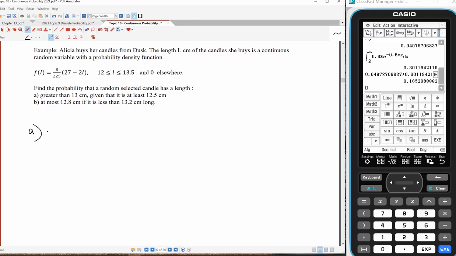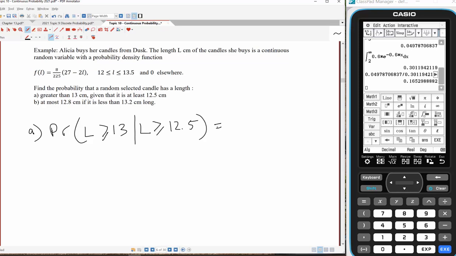So probability that it is greater than 13, so L greater than 13, or greater than or equal to if you want, given that L is at least or greater than 12.5.